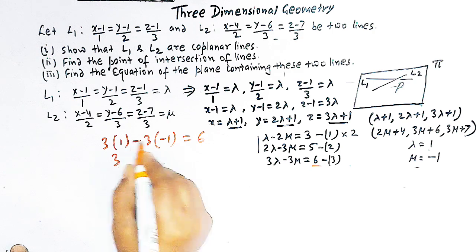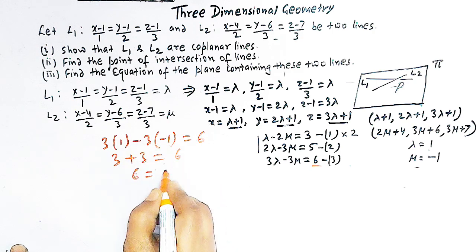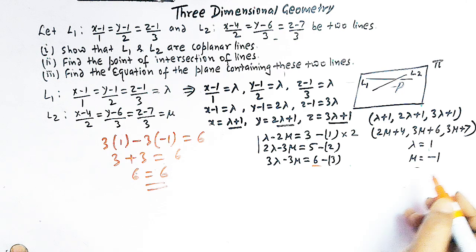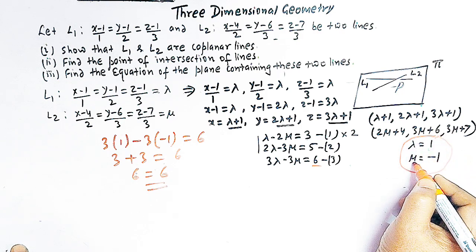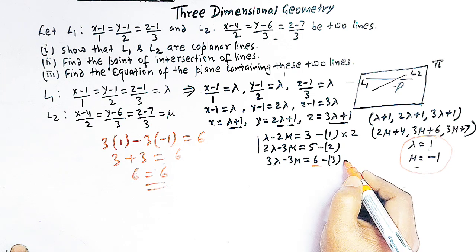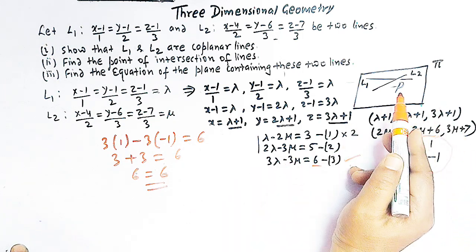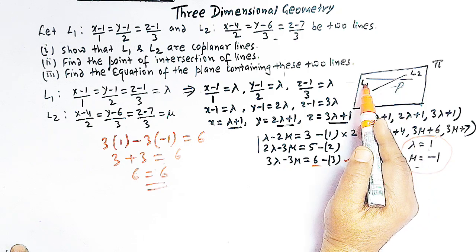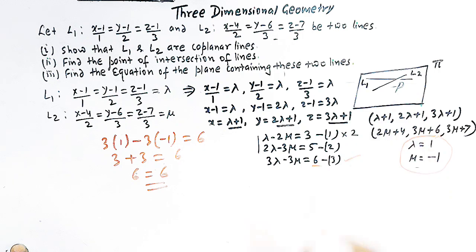So this is 3 plus 3, that is 6, and 6 is equal to 6, right? So it implies that the values of lambda and mu satisfy the third equation also. So we can now claim that this point P is the point of intersection of the two lines L1 and L2.